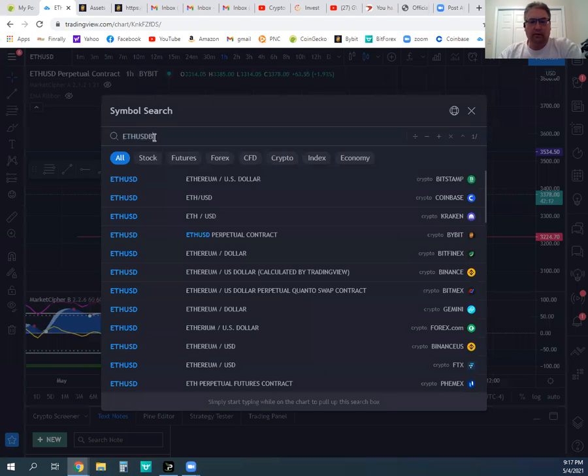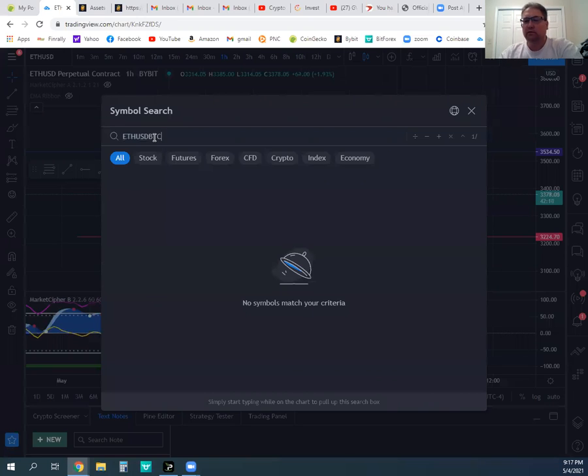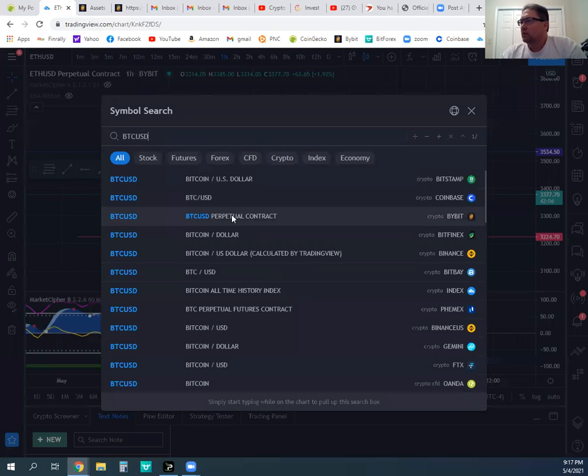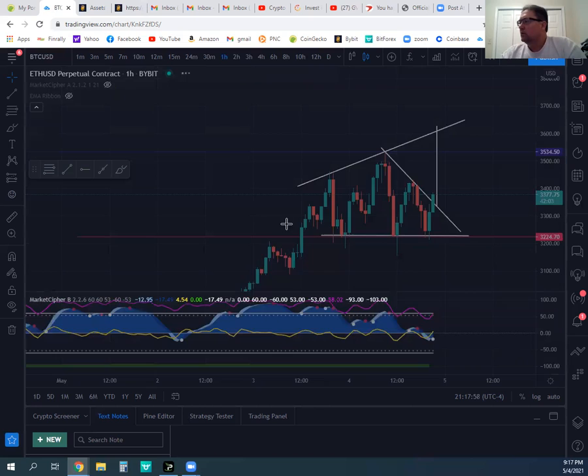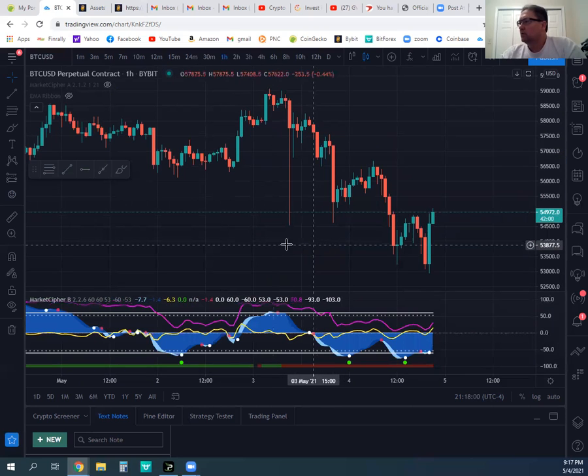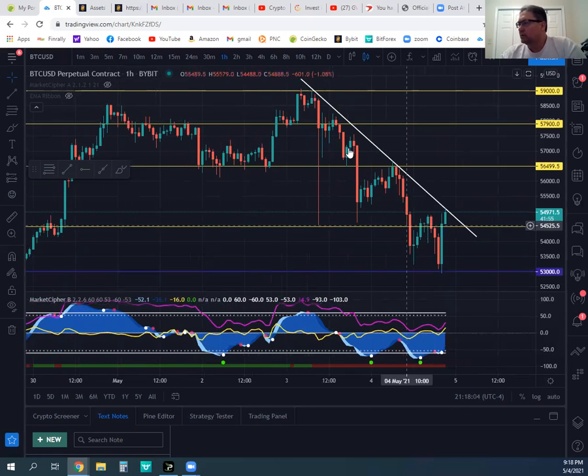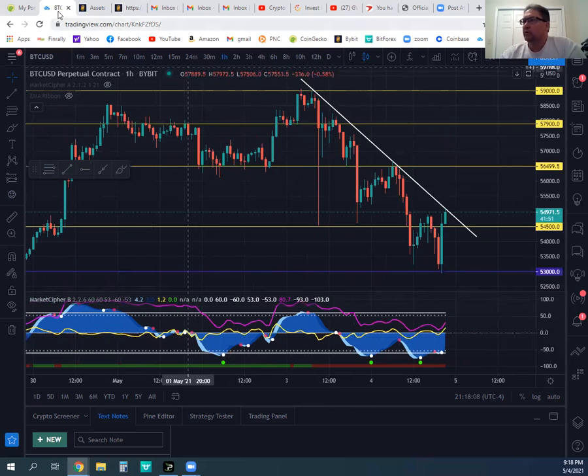Bitcoin, has it broke out? I'm gonna assume it has. Nope, it hasn't broke that trend line yet. Ethereum definitely broke it.